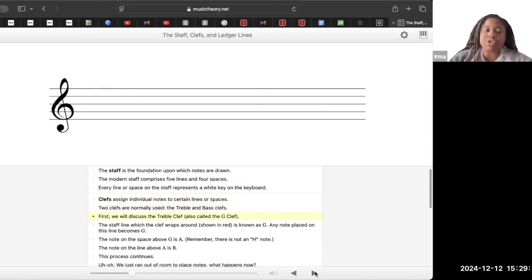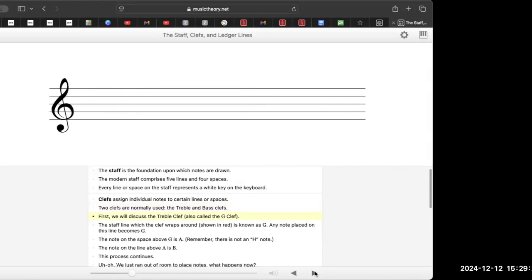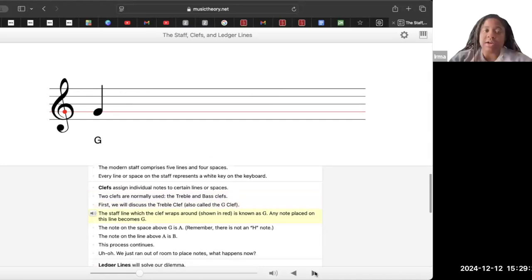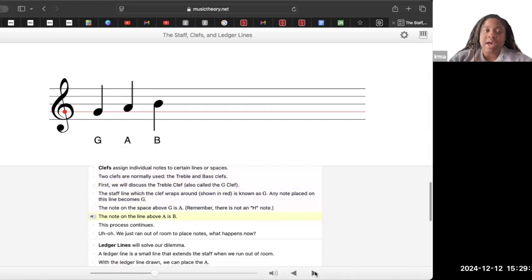So first we'll discuss the treble clef. It's also called the G clef, okay? And you'll note that as you go up the scale, the notes go up in a sequential order, in a sequence. And notice how there's a red line going through this part of the treble clef.